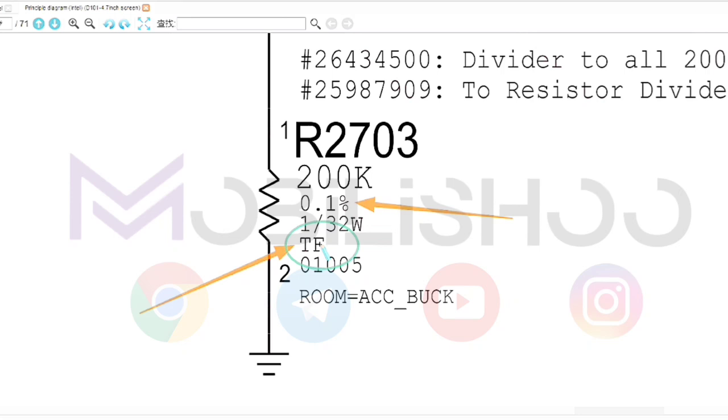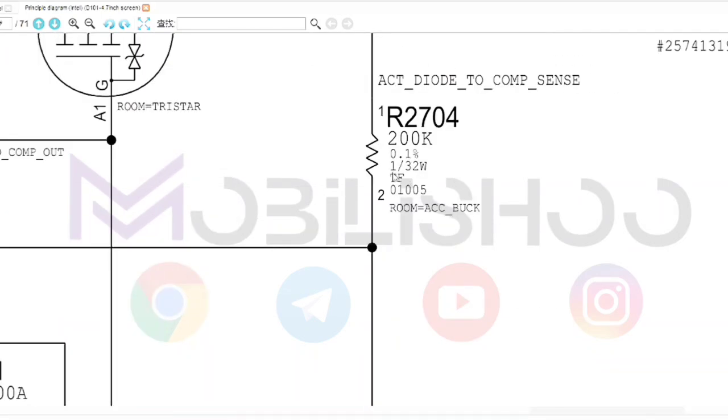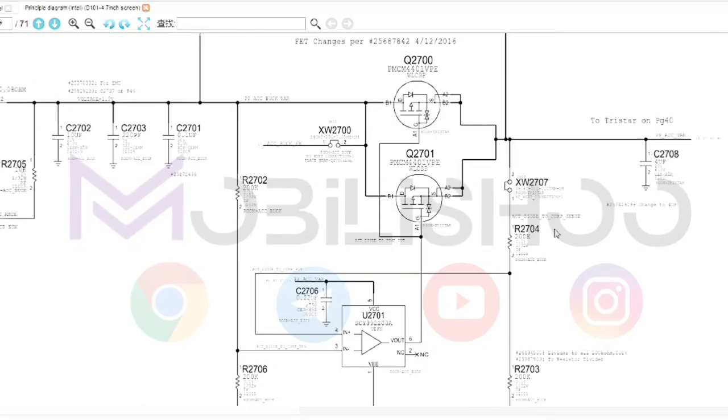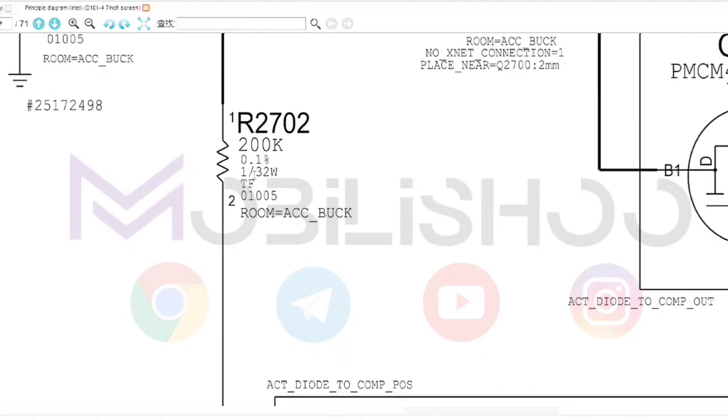And as you can see, our TF resistor is a thermal fuse. They are resistors that are highly sensitive to temperature, and these resistors are very rarely seen on the board. In the circuit that we see in the buck accessory, these resistors are seen more often, and most of them are 0.1%.